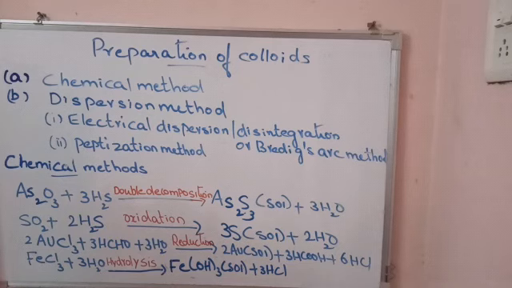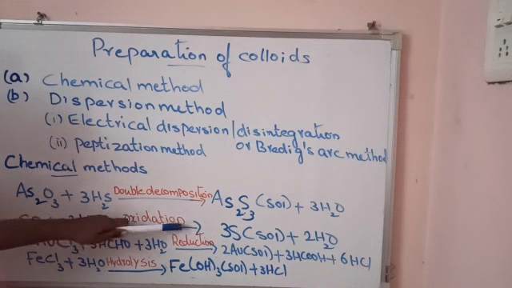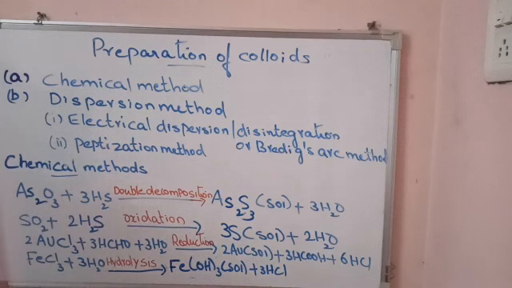On passing hydrogen sulfide gas through arsenious oxide, we will get arsenic sulfide sol. Sulfur sol can be prepared by oxidizing a dilute solution of hydrogen sulfide using the oxidizing agent sulfur dioxide.